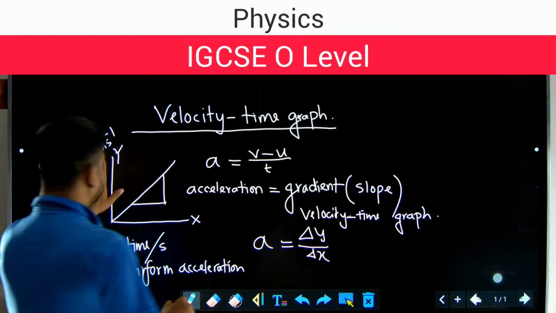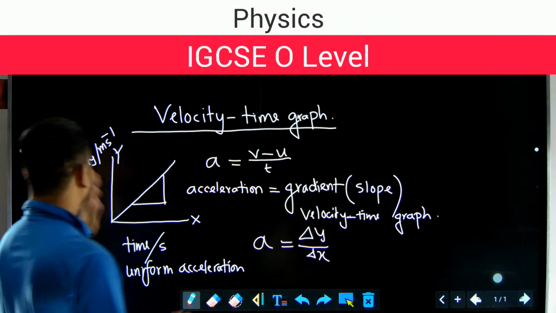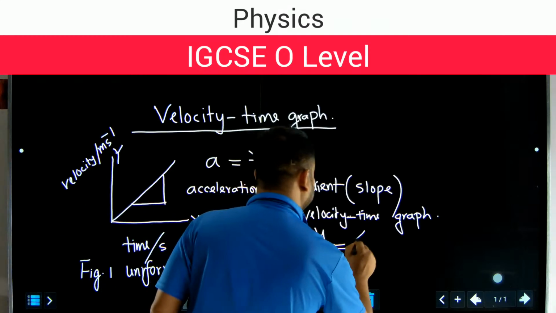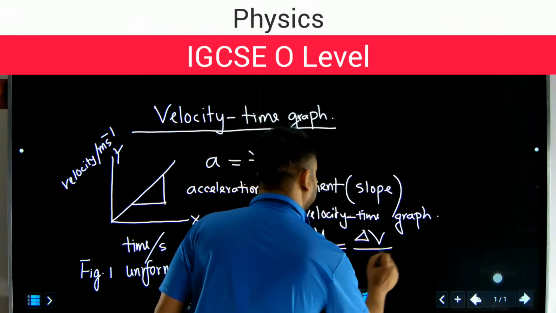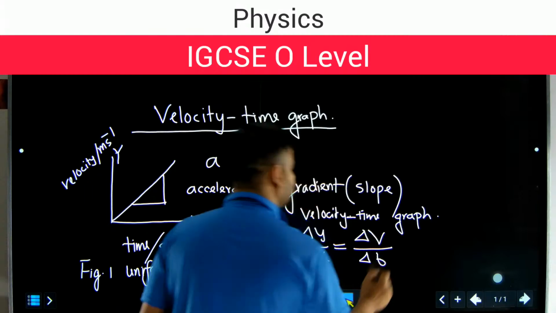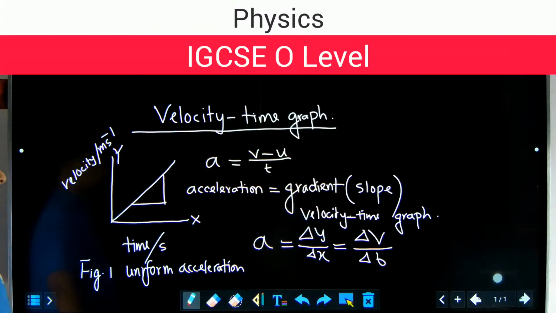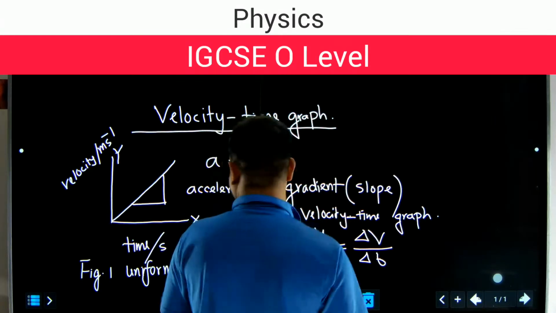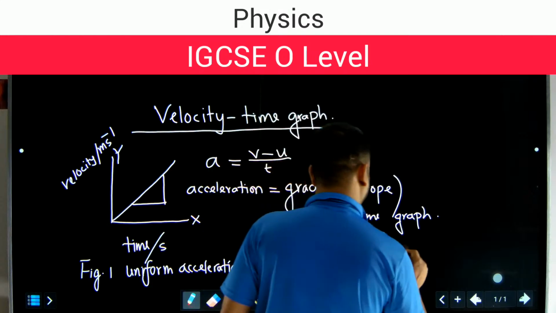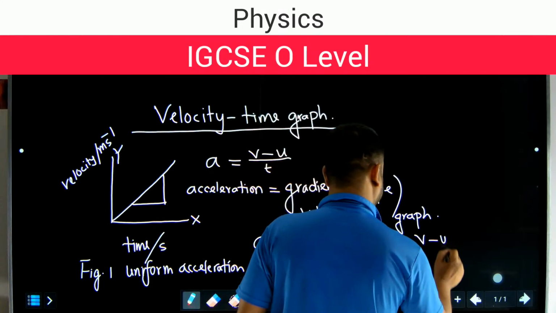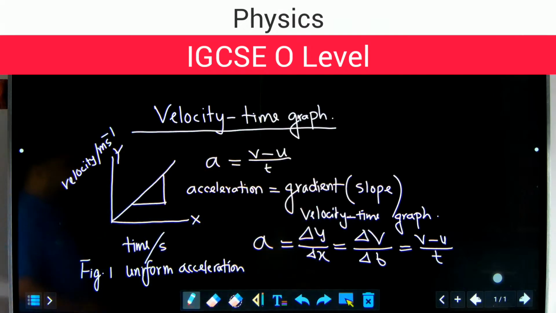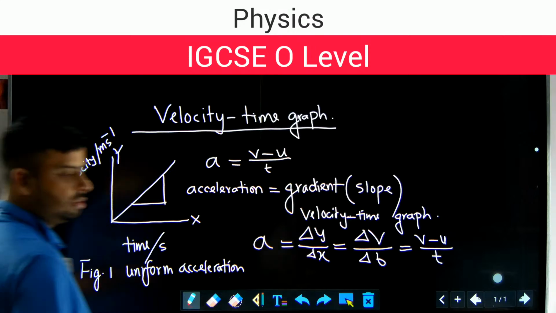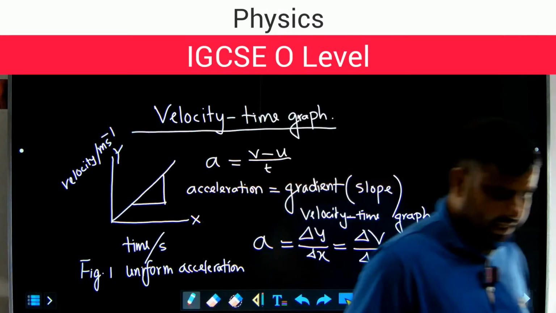In the y-axis we put velocity, that's why the delta symbol represents change in velocity divided by change in time. So we can calculate acceleration by calculating the gradient of the graph.